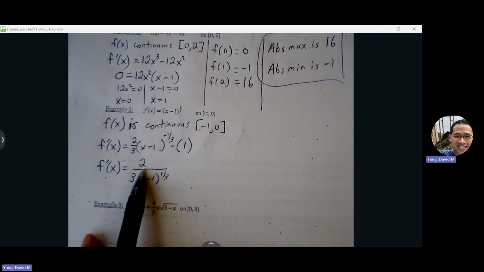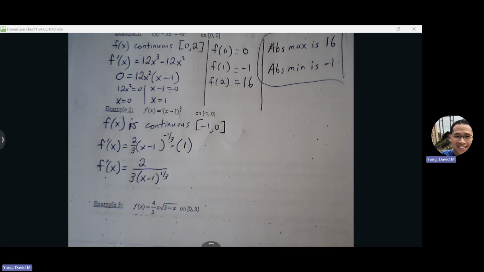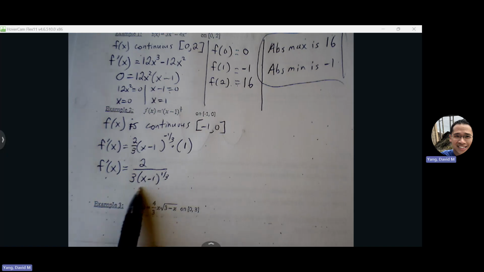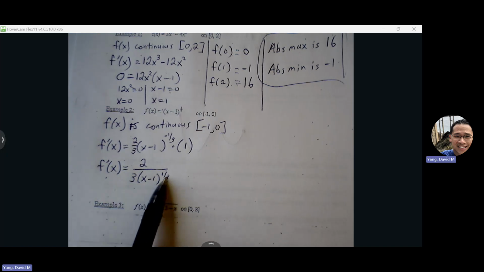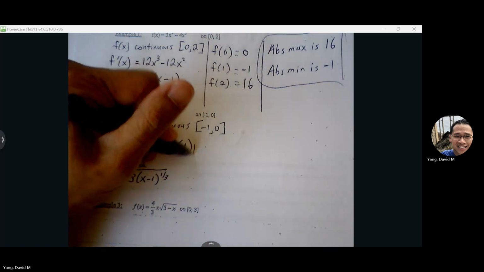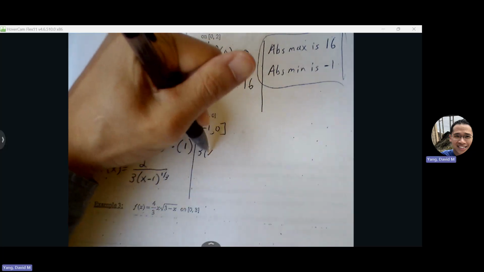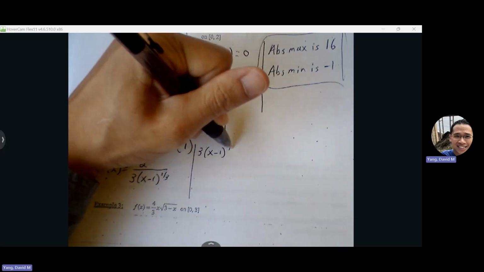Is there anything that's going to come from the numerator? No. If I said 2 = 0, there's nothing valid, so we can ignore the numerator. But the denominator is going to give us a critical value as well. So we're going to set the denominator equal to 0 and see what we get out of that.